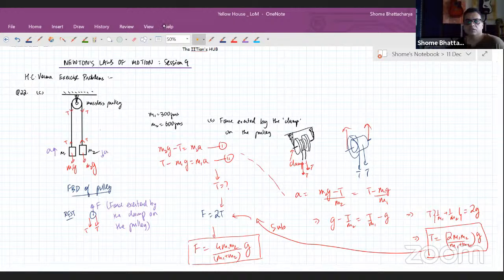Okay, so hope this question is clear. This is question 22 part C. Okay, and so this is clear. So just note down this, those of you who haven't. Then we'll do question 23 next, and then 26. Then we'll come to the remaining questions.